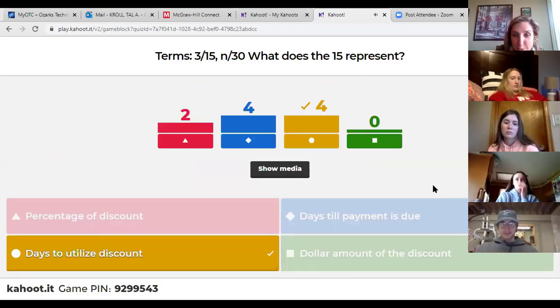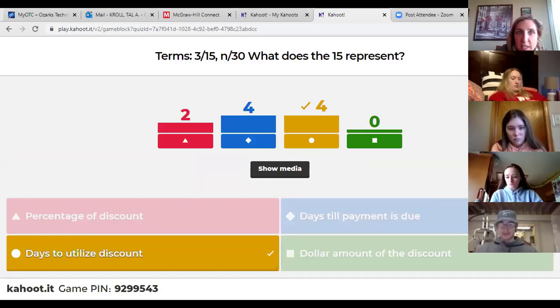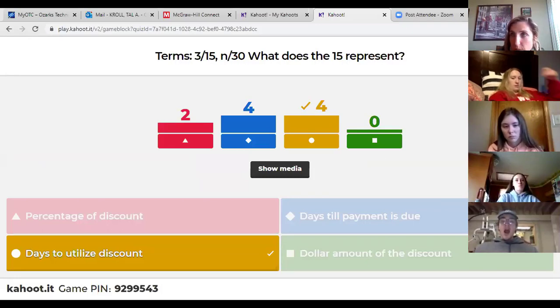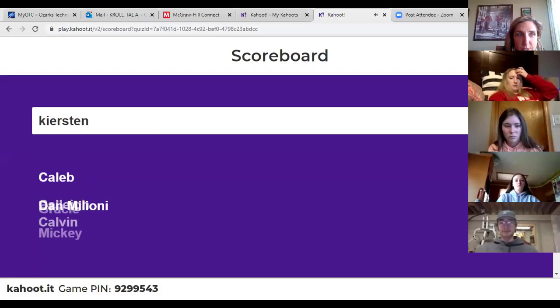Oh man, we did not do great on that one. Okay, so the 3 represents the percentage of discount. The 15 is the days to utilize, that yellow one. And then the 30 would be the days till payment is due. And no one chose the green one, so that's good because that's never an answer.